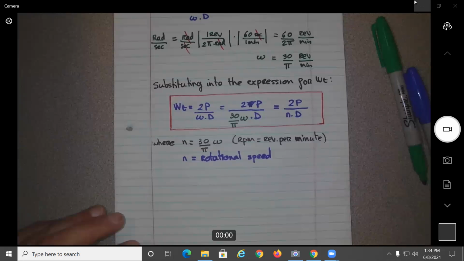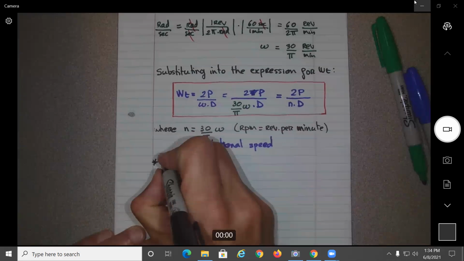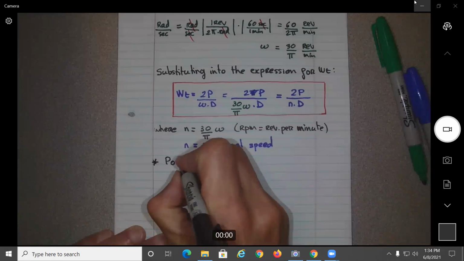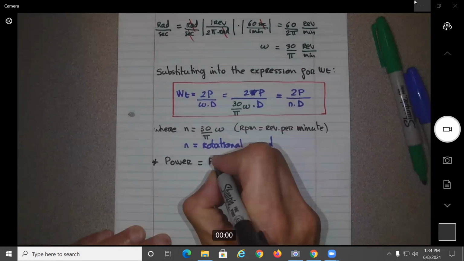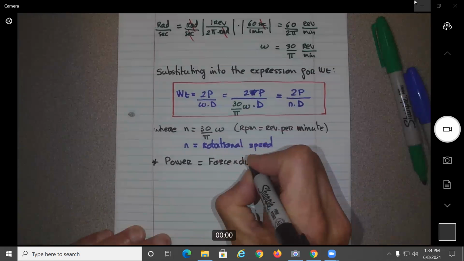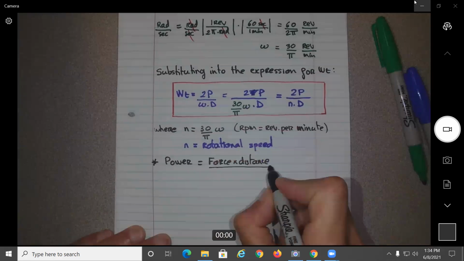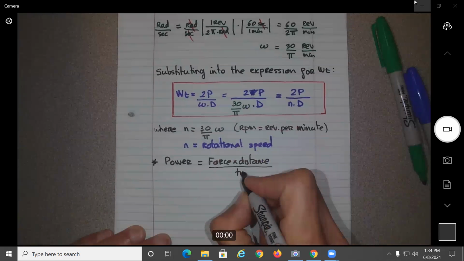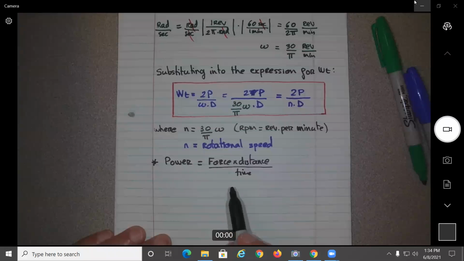Okay, so again, what is one of the definitions of power? It's force times distance, so this is work. Force times distance divided by time is power, no?